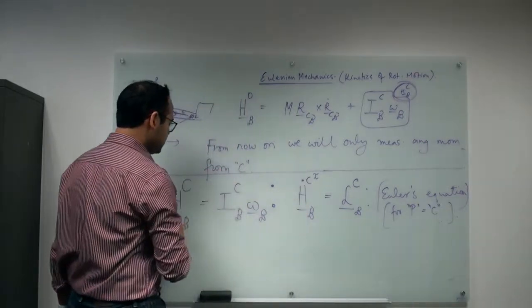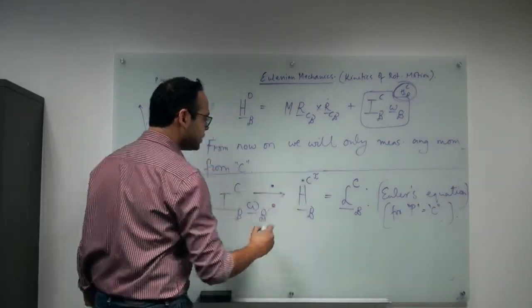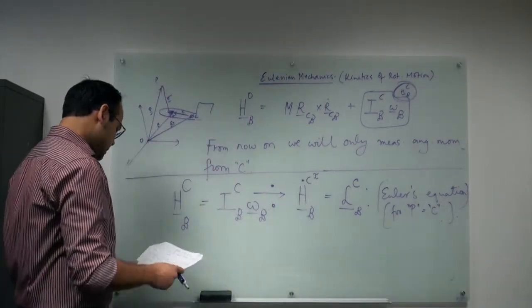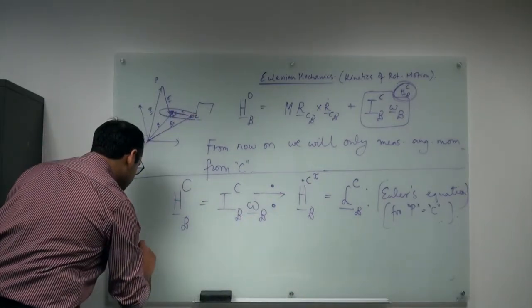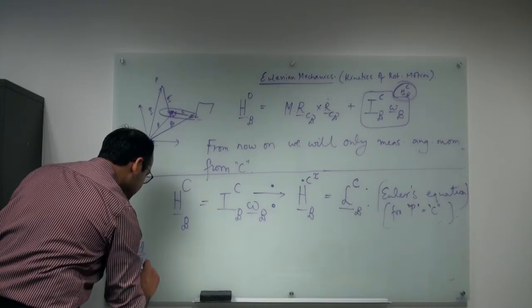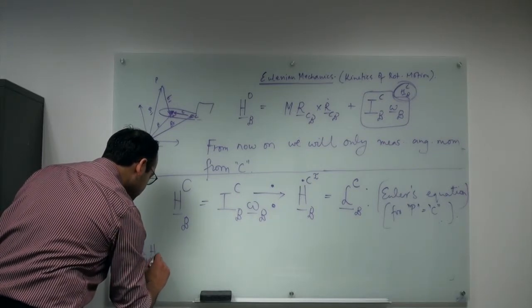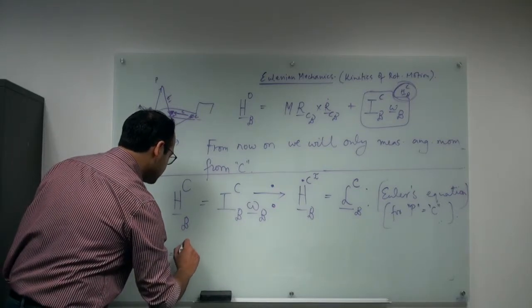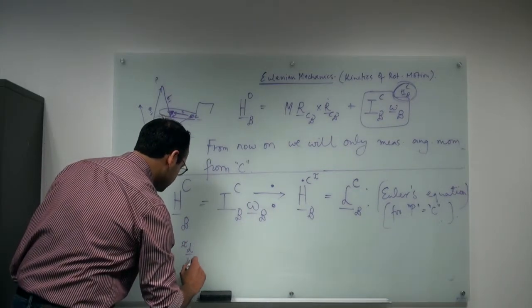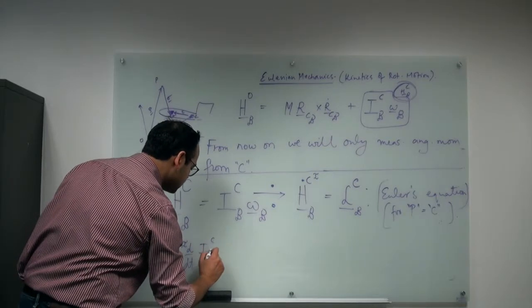So plug this in over there on the left-hand side. This is the inertial derivative. So the inertial derivative of that is equal to the inertial derivative of what we just found right here.